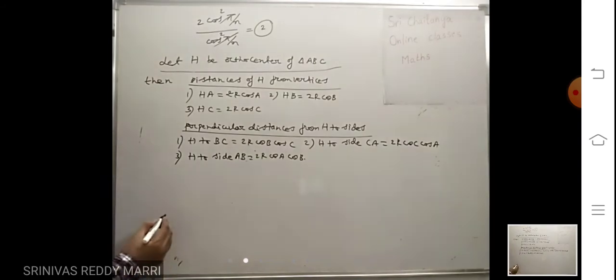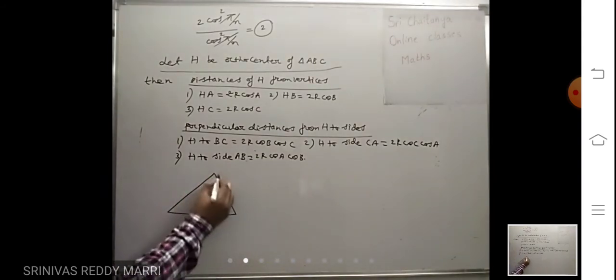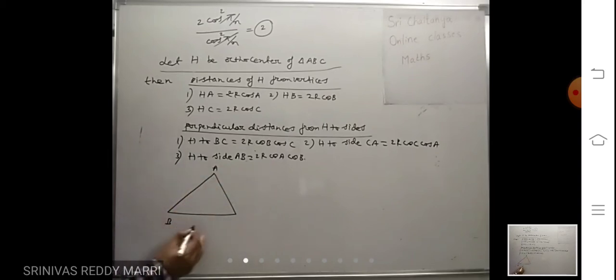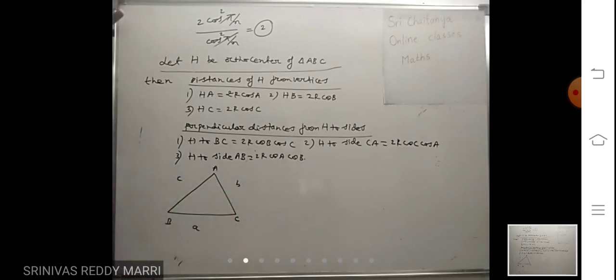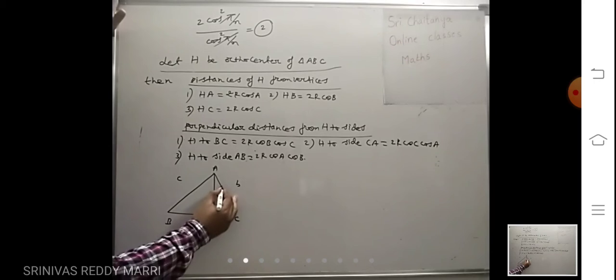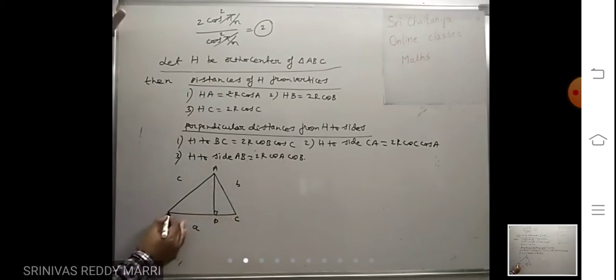Consider a triangle ABC. This length is a, this length is b, this length is c. Now orthocenter is nothing but point of concurrency of altitudes. I am drawing one altitude. This is one altitude AD.